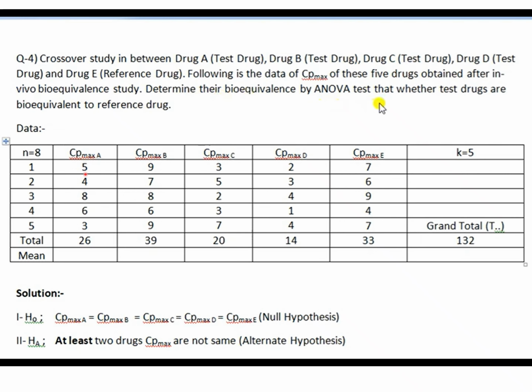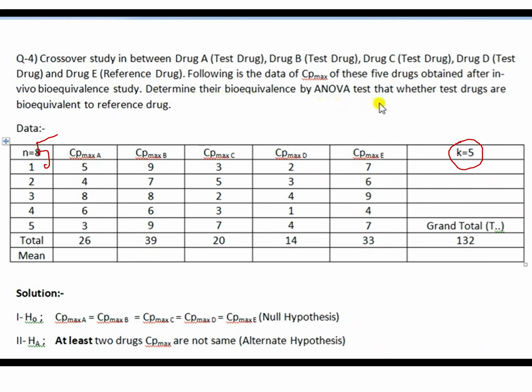How many drugs are here? Our k value is 5. The degrees of freedom relate to how many factors, which are these 5. And how many patients? So n is equal to 5, because 5 persons are available, and k is 5 because we have 5 drugs.